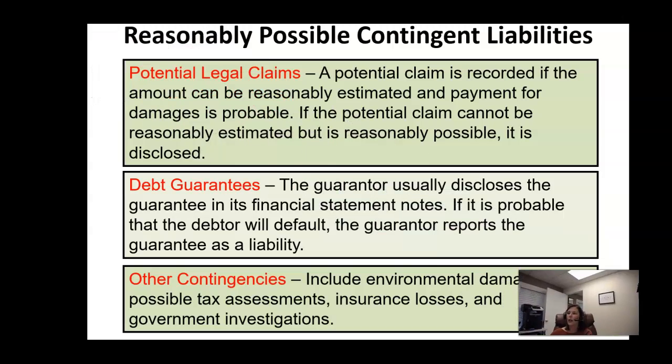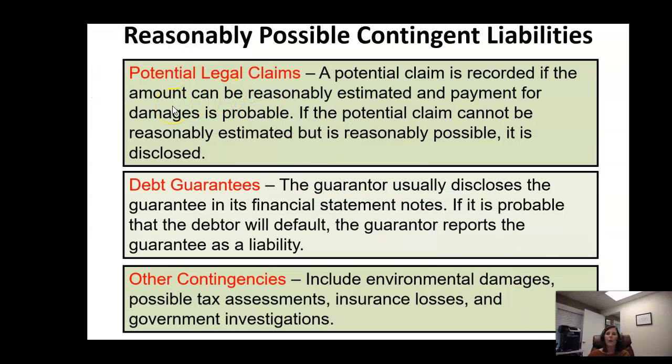And so, as I said, this is most often going to arise when we have potential legal claims. It could also show up if we have guaranteed a debt on behalf of another entity. There are instances where somebody can get a guarantor that will help support their creditworthiness for an obligation.